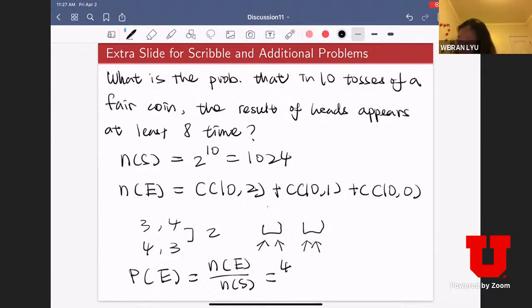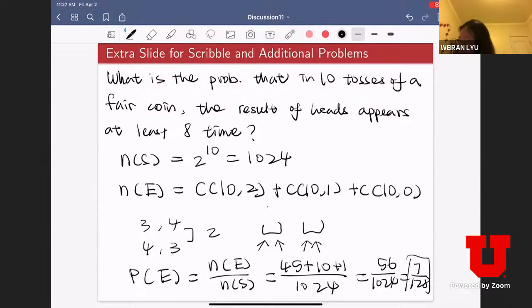This should give you 45 plus 10 plus 1 over 1024, and that's 56 over 1024, which is 7 over 128. Okay, any other question?